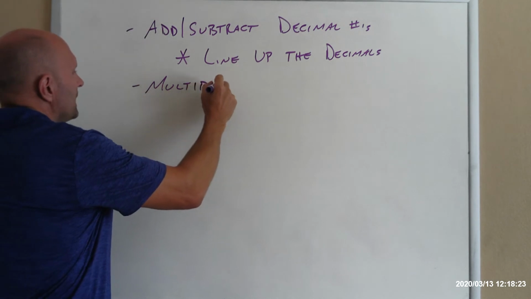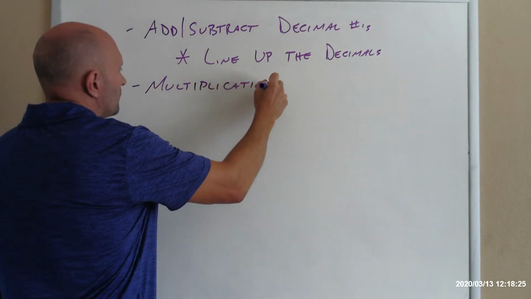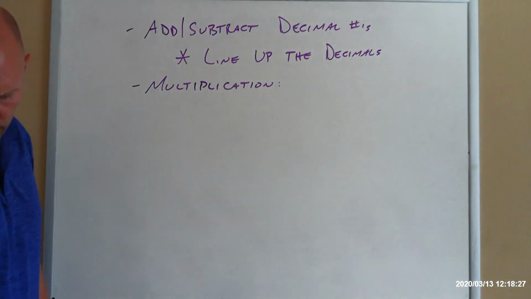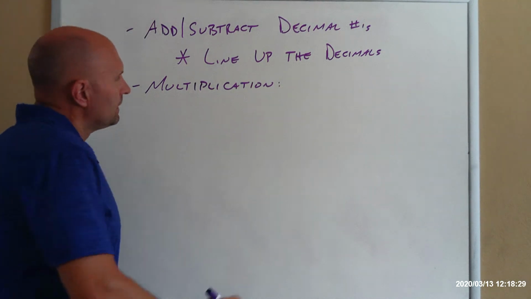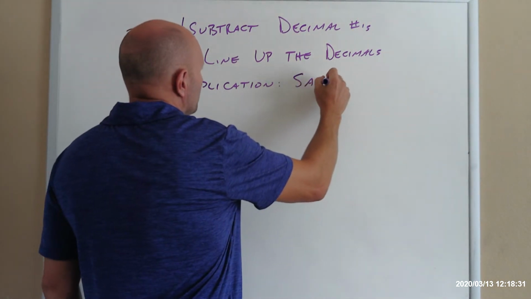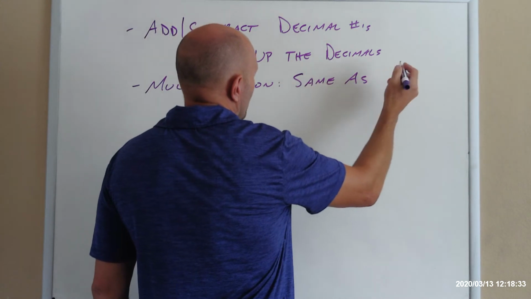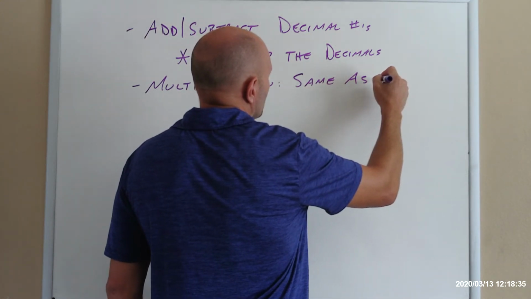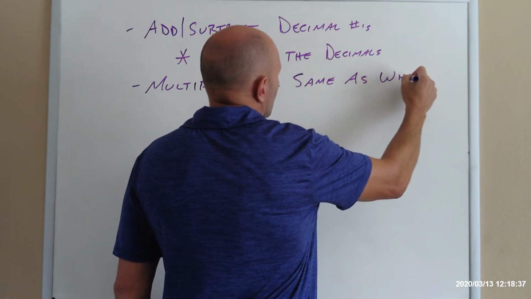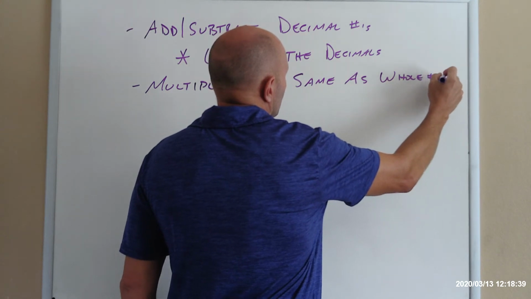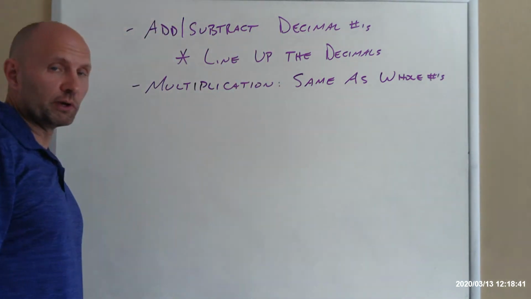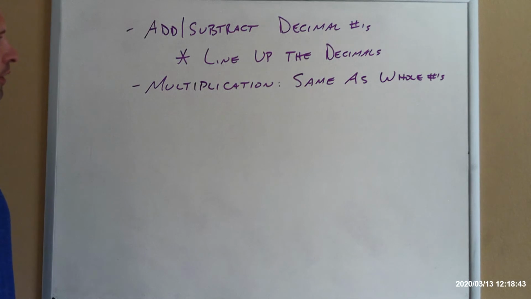For multiplication, it's the same as multiplying whole numbers or even integers, I suppose. We could multiply negative numbers as well, negative decimals.